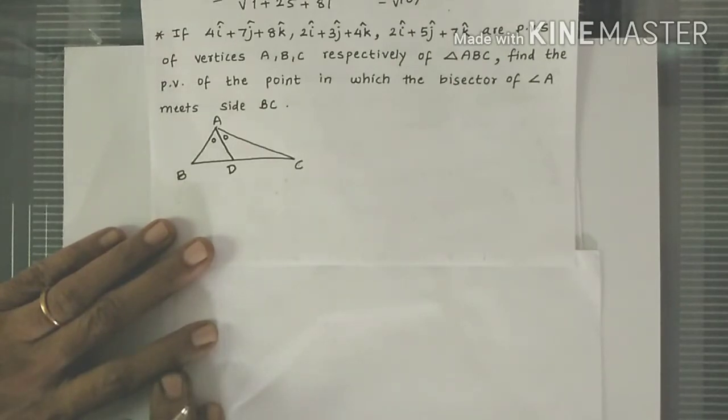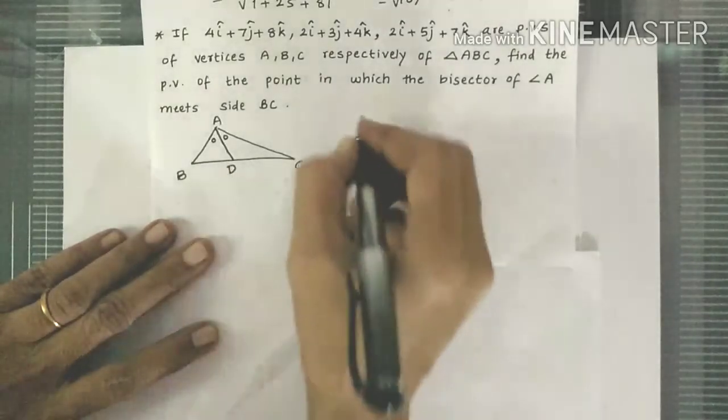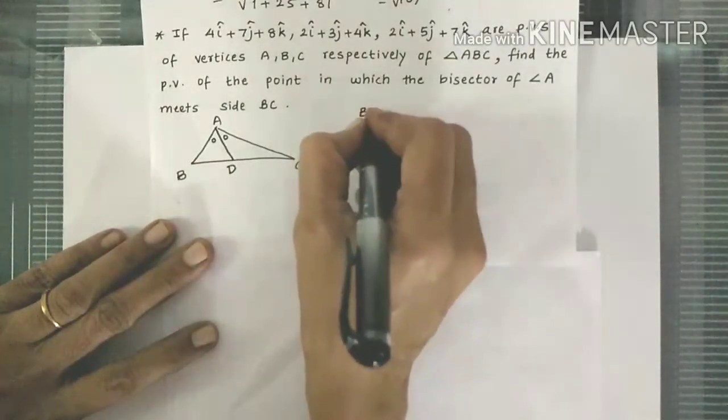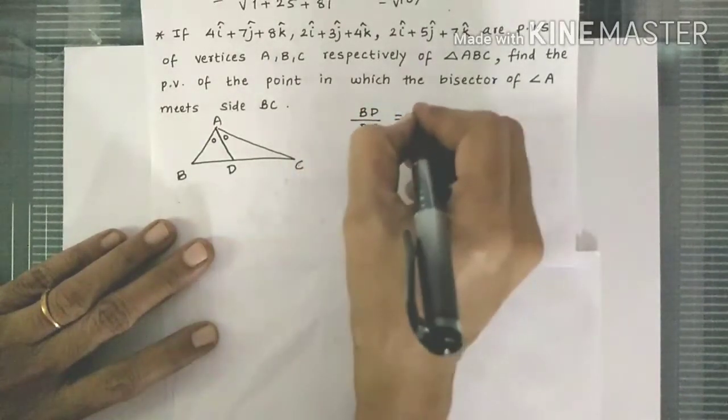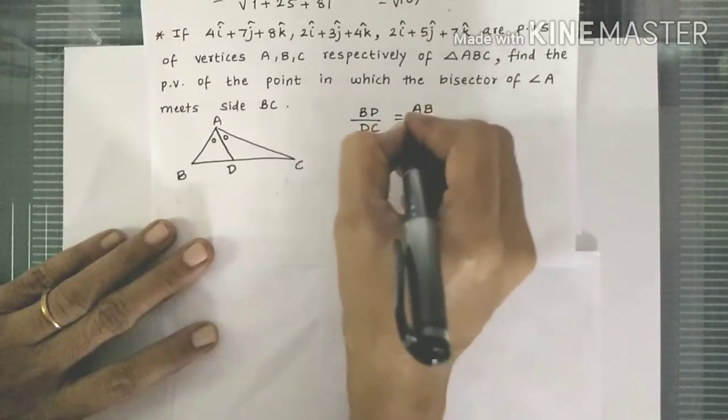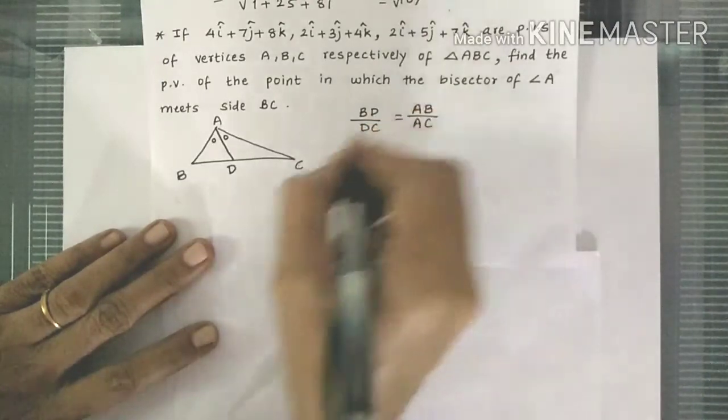So we have learned angle bisector theorem in 10th standard. This angle bisector theorem says that BD divided by DC equal to AB upon AC. Means what?